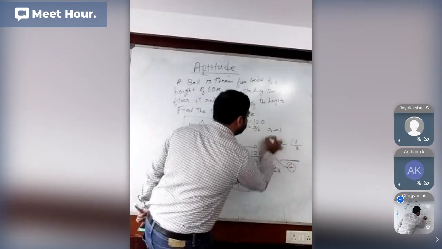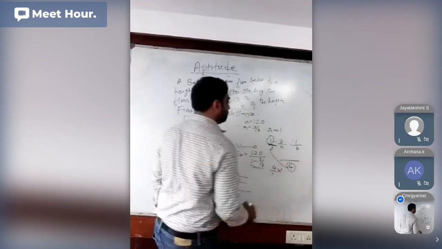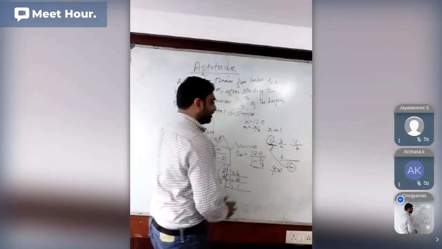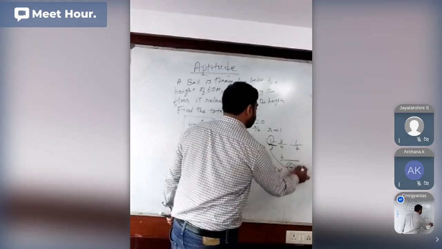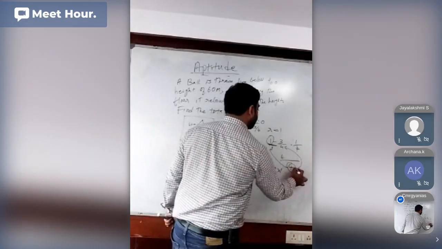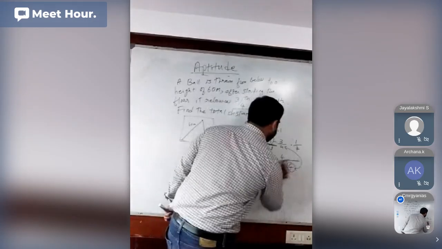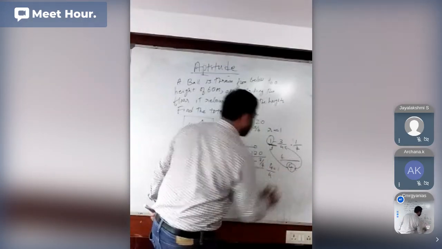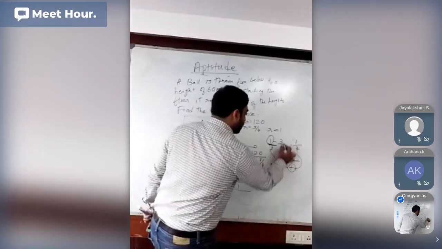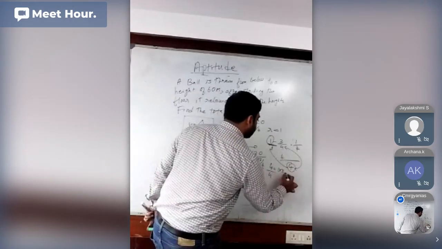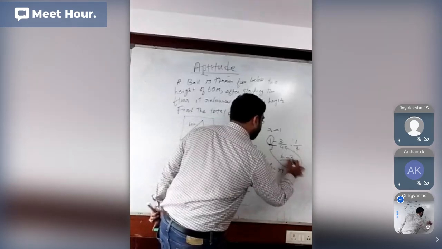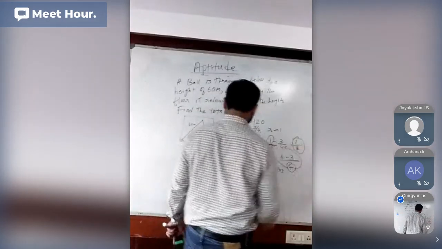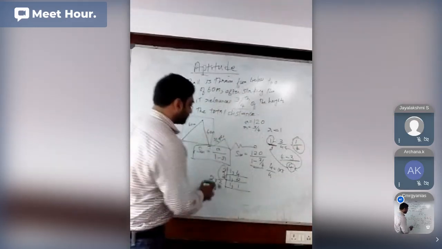Into whatever number is here, numerator, into 1. So that becomes 4 here. Then 4 divided by 4 is equal to 1. This 1 into 3 is 3. So 4 minus 3. So this became 1 by 4. That is how you do this.